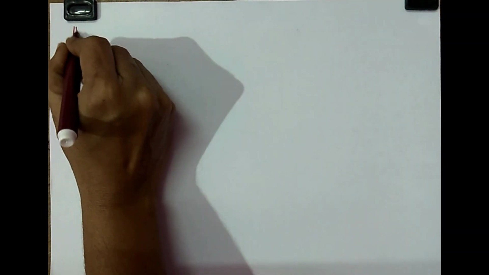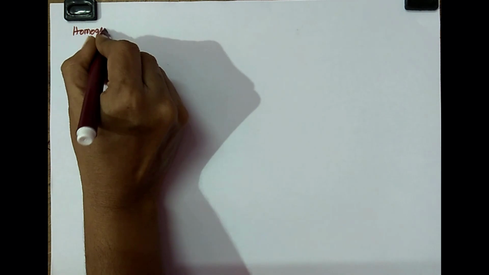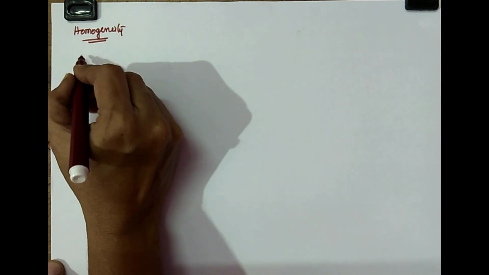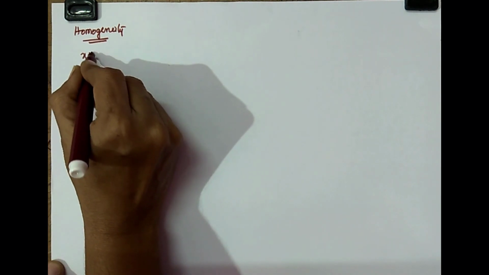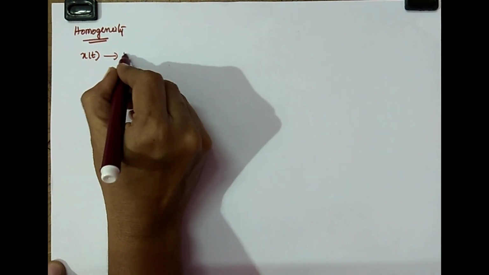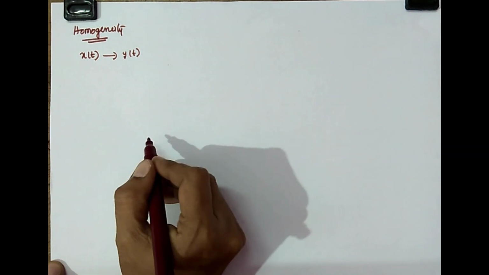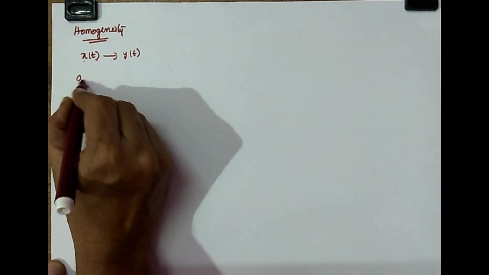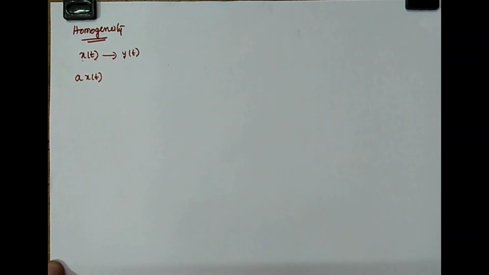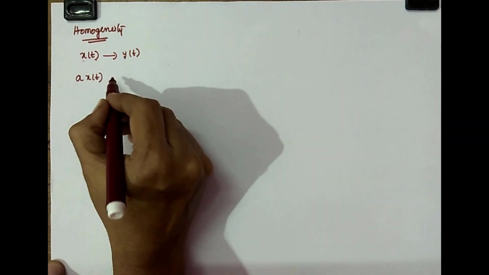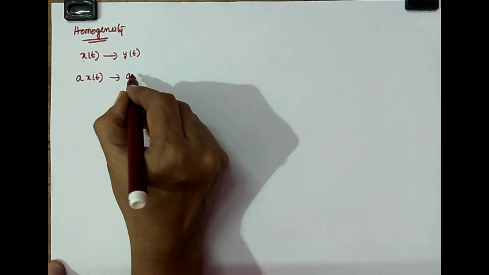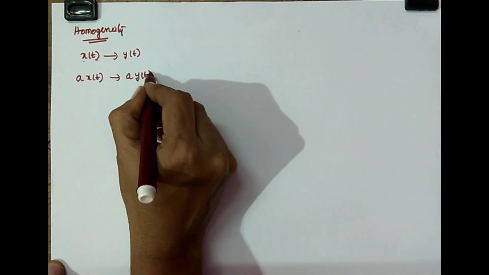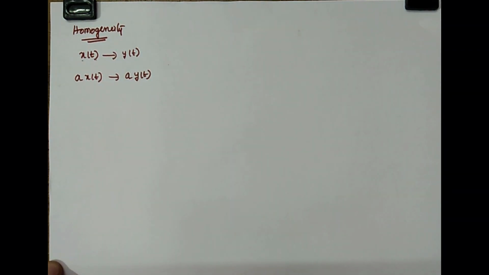Then I'll see what is homogeneity. Suppose for a system the input x of t is given. If that system is producing an output y of t, if you scale this input signal like a into x of t and give that scaled version of input to the system, and if the system produces the same scaled version of output, the system is said to have homogeneity.